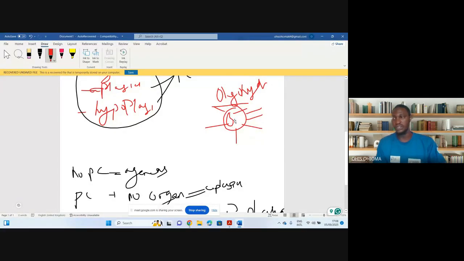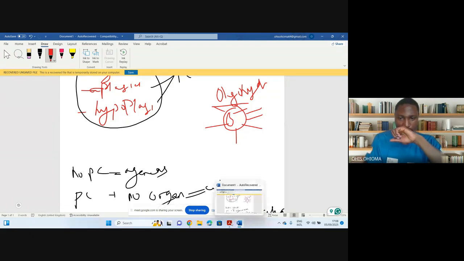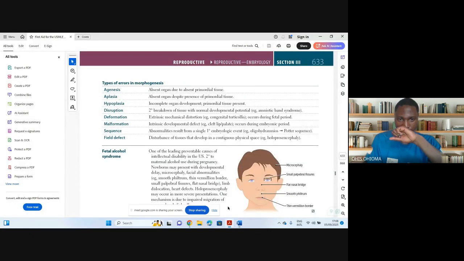He's in his house, but still feeling the heat of the problem, right? And so that's what basically happens with deformation.